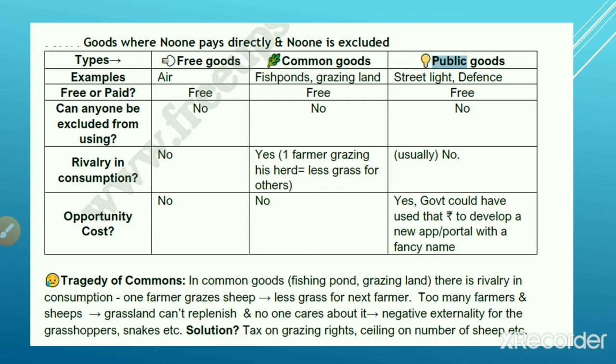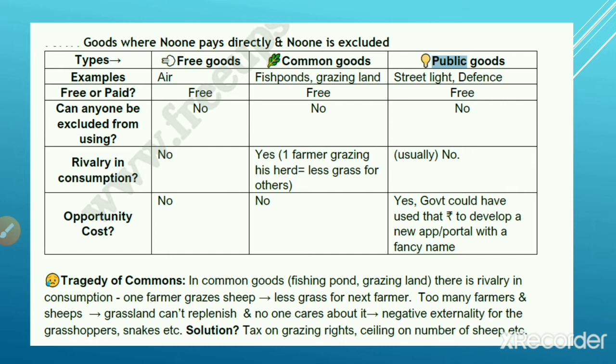Any product we can take, and we can understand whether the good is a free good or not. And if any parameter is opposite, if any answer is yes, that means it is not a free good. That is how we have to understand all this. There are not many difficult things. We have to check whether it is free, whether anyone is excluded, and whether rivalry or opportunity cost is there or not.